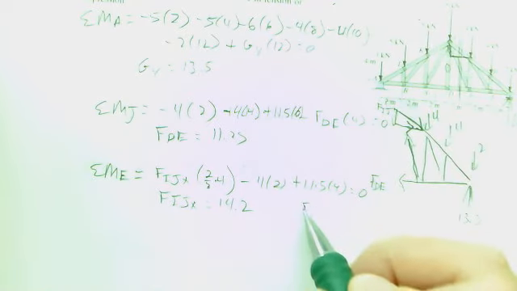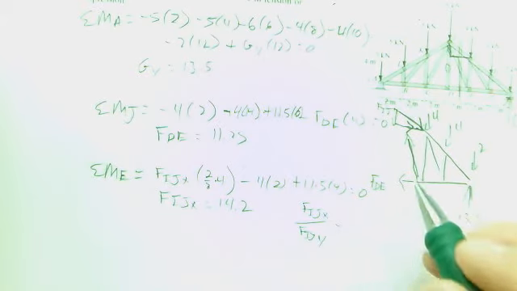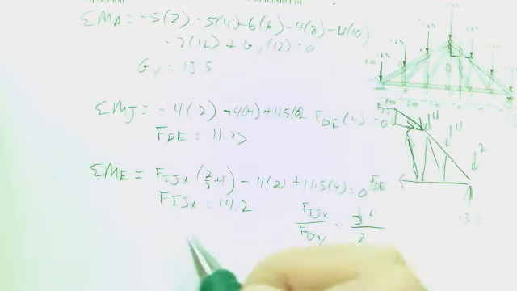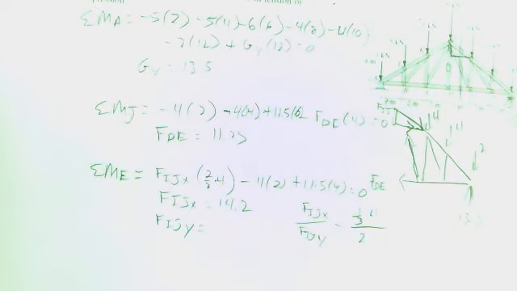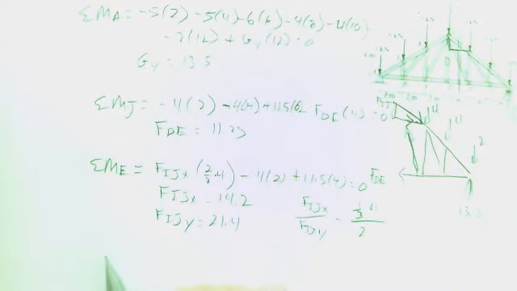So FIJ in the x over FIJ in the y is the same as 1/3 of 4 over 2. So FIJ in the y equals 21.4. That's going down.